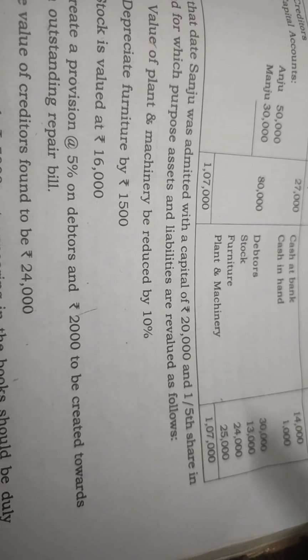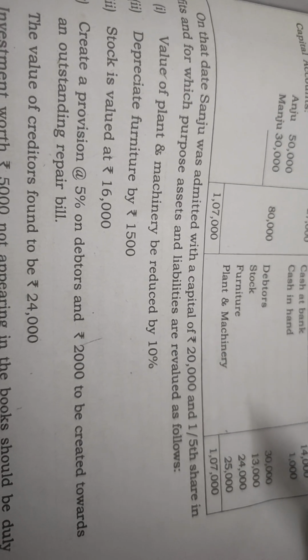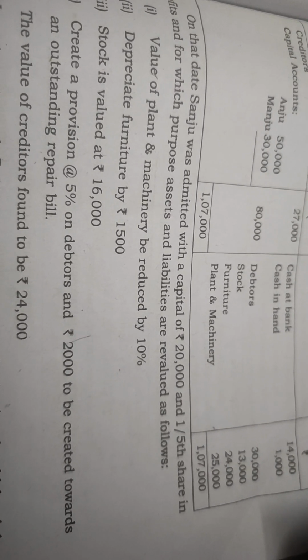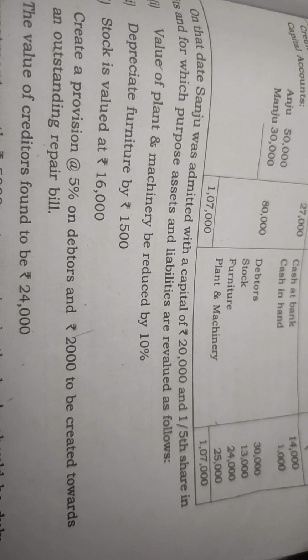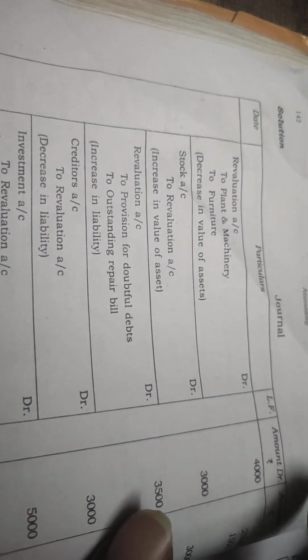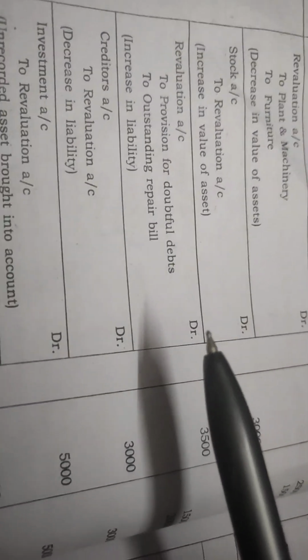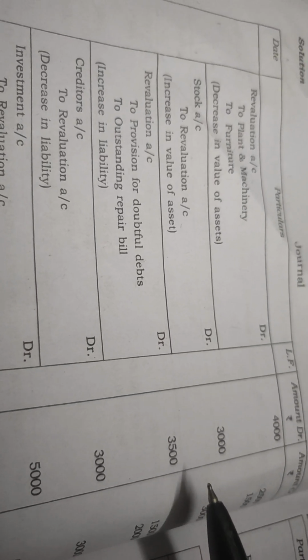So 16,000 minus 13,000, that is 3,000. Stock asset is increased. So the entry will be stock account debited to revaluation account. The amount is 3,000. Narration is increase in the value of assets.